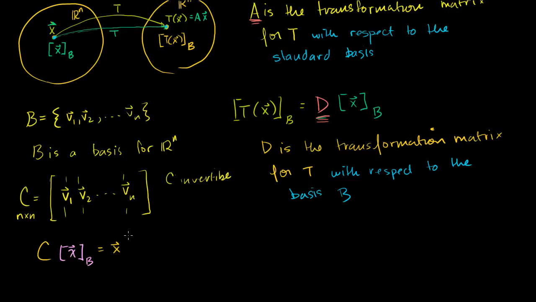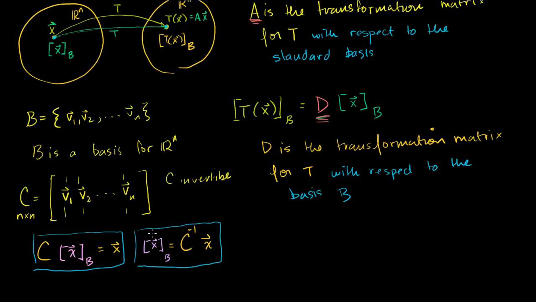And since C is invertible, if we have the standard coordinates for x, we can multiply that by C inverse, and that'll get us the coordinates for x with respect to the basis B. If you multiply both sides of the first equation by C inverse on the left-hand side, you get this equation right there.